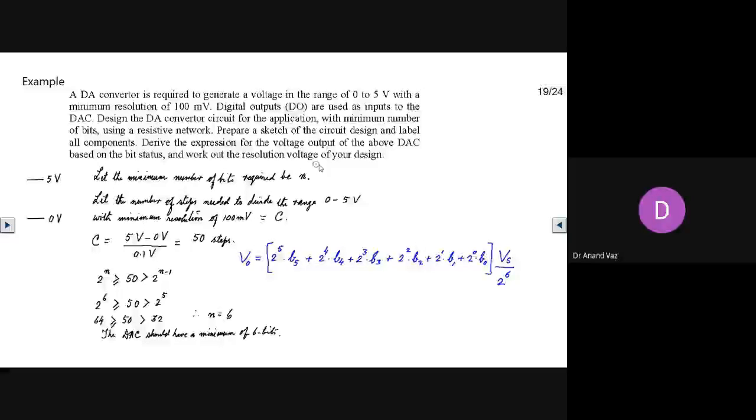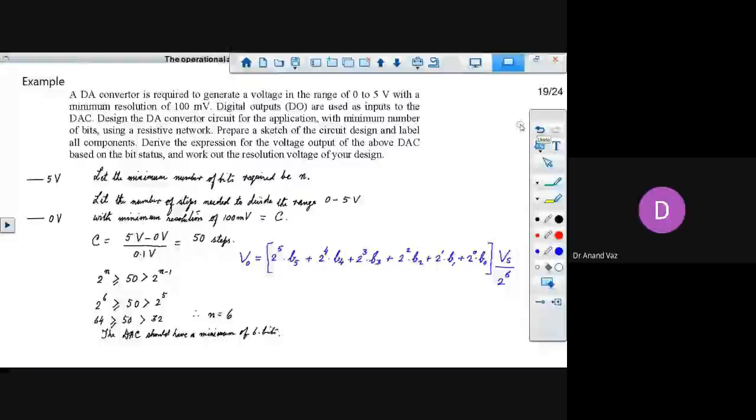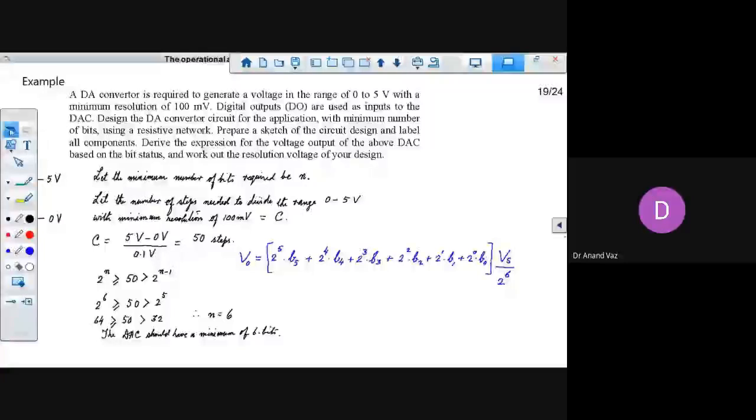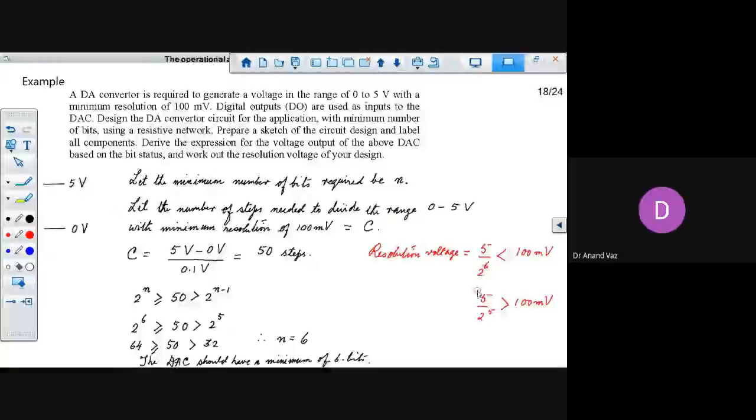And work out the resolution voltage of your design. We have already worked that out in our previous slide. So the resolution is 5 divided by 2 raised to 6. So this is our resolution.